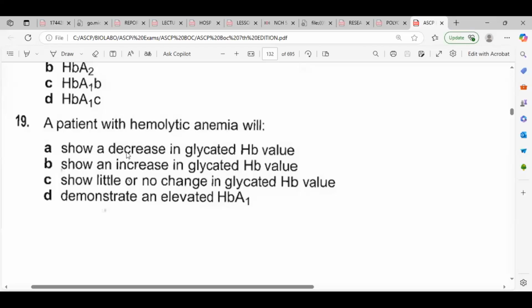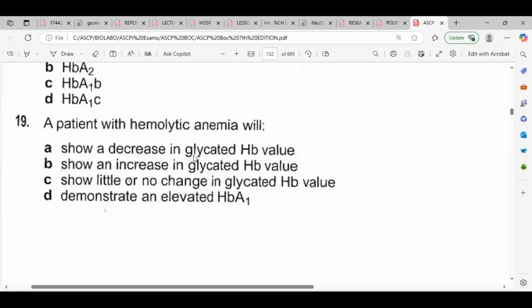That is why we say it is decreased, because there is ongoing breakdown of RBCs, which is causing the reduction of RBCs in blood, and of course affecting the red blood cells that contain this HbA1c that binds glucose. So that's why it shows a decrease in this hemoglobin value.